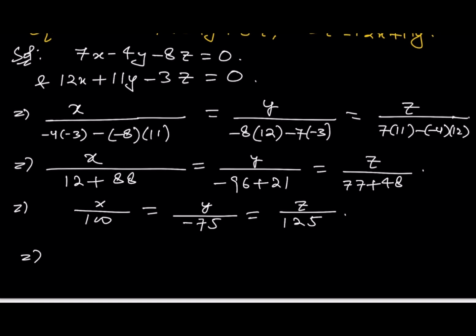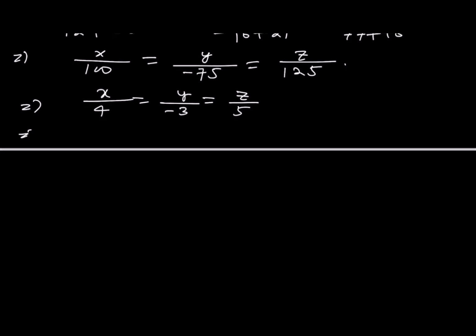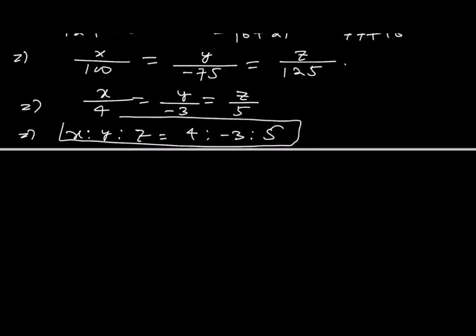Or if I divide by 25, then it will be x upon 4 is equal to y upon minus 3 is equal to z upon 5. Or you can say x is to y is to z is equal to 4 is to minus 3 is to 5, right? In this way we can find the ratio of x is to y is to z.